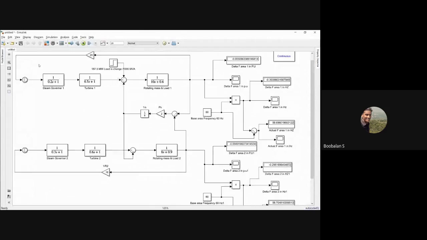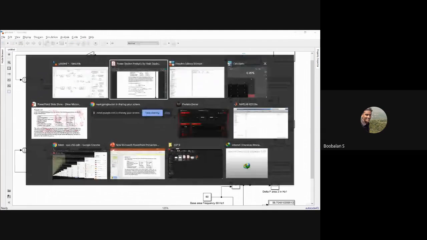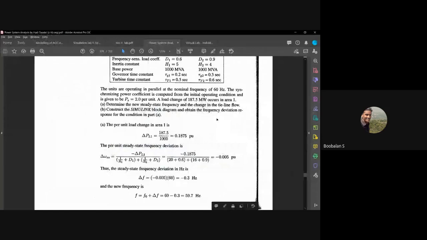In area number 1, my steady state frequency, we could also verify with that theoretical calculation, minus 0.005, right? So you could see the same thing. You could also notice over here the steady state frequency deviation in hertz. This is per unit, this is hertz, this is actual frequency.